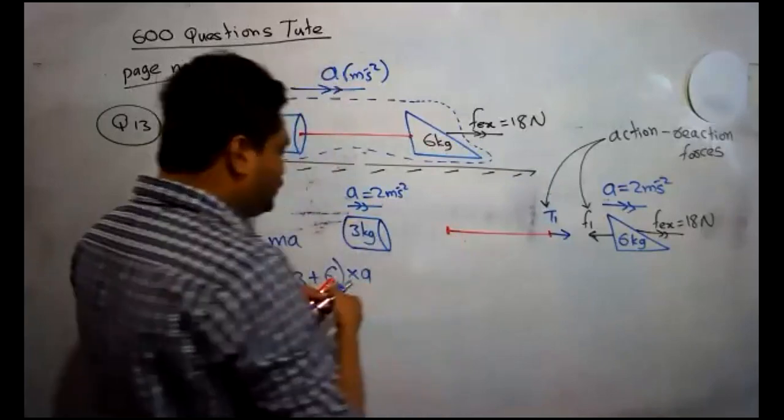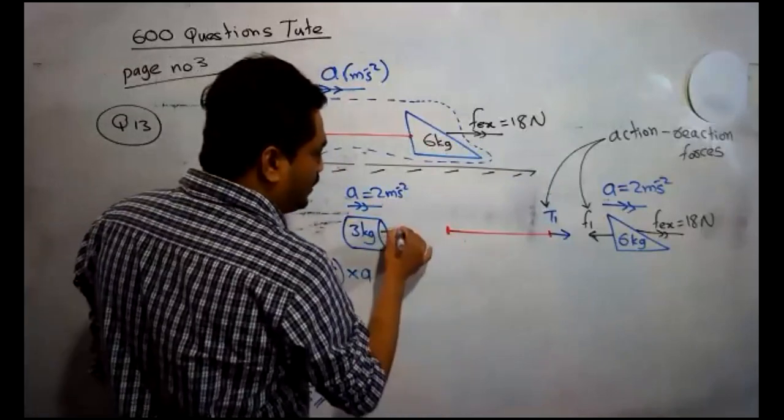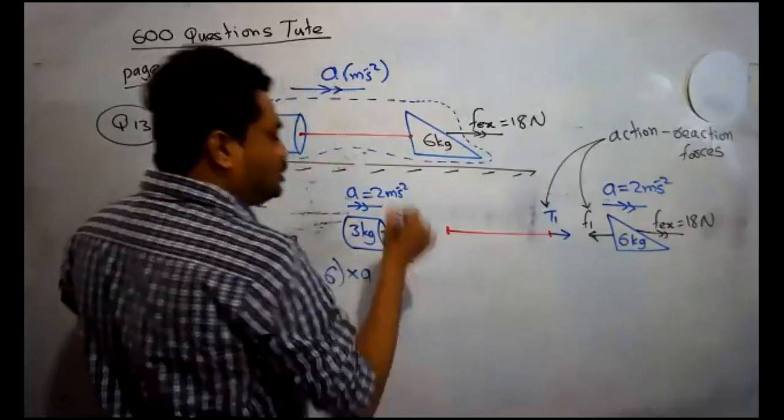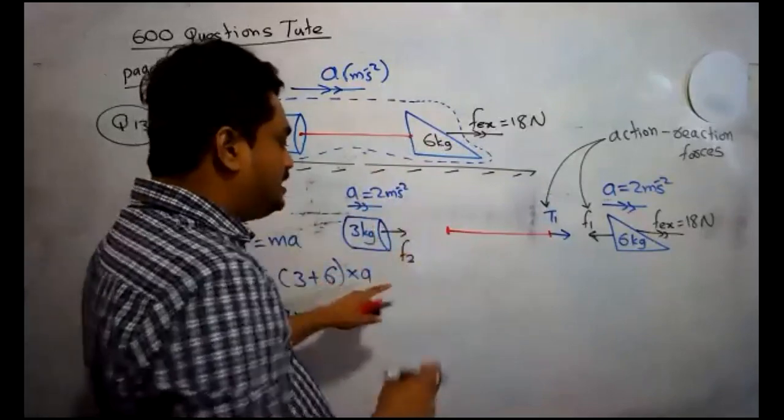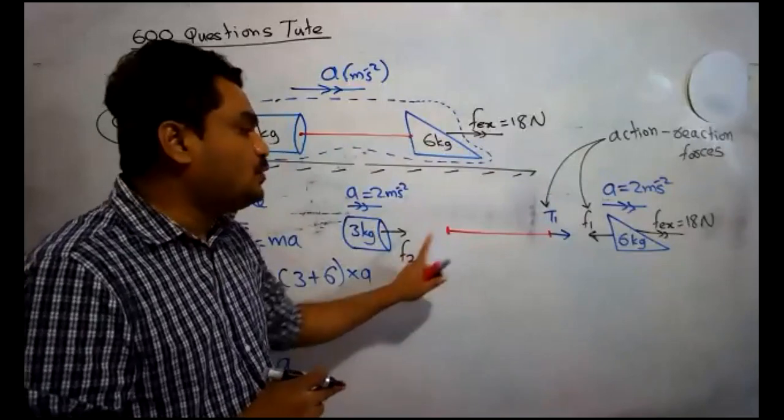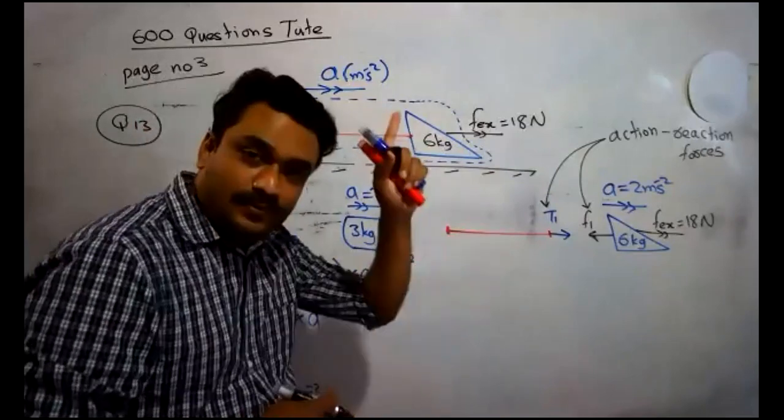Therefore, the string gives a force of simply F2 to the 3 kg object. So the 3 kg object is moved by F2. F2 is given by the string.